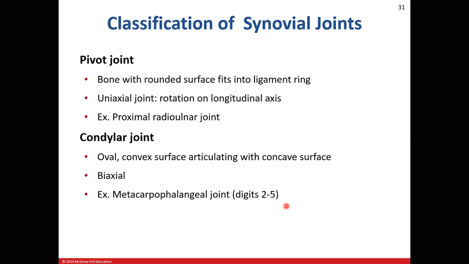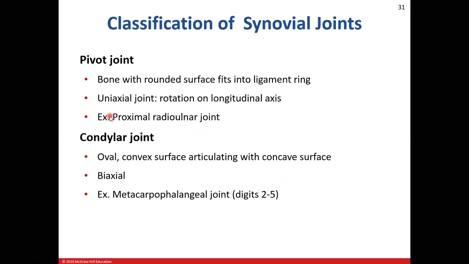Our third type of synovial joint is a pivot joint. And the movement that we're going to see at a pivot joint really is exactly what it sounds like. So in this case, we're going to have a bone with a rounded surface that fits into a kind of depression, and it's surrounded by a ligamentous ring. This is uniaxial movement, and so essentially we have rotational movement along a particular longitudinal axis. Now, we touched on this particular joint to a very small degree so far.